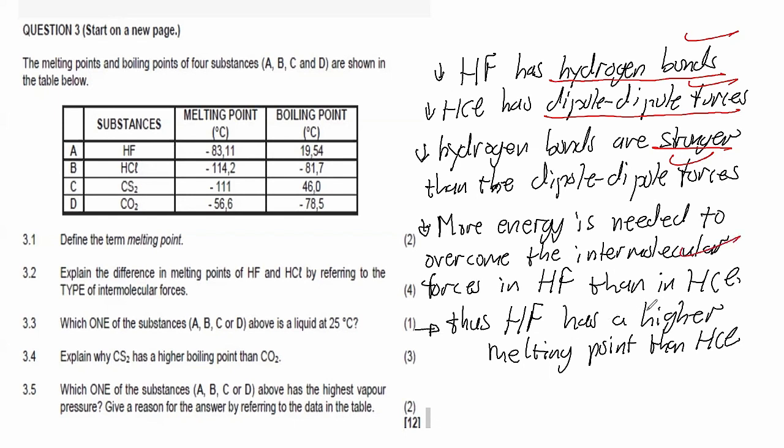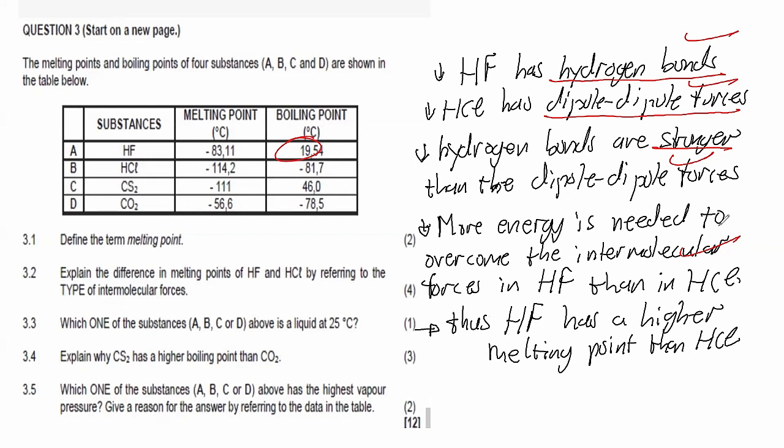So we have touched on the energy, and then this is just the conclusion. Thus, HF has a higher melting point than HCl, which we can all see here. So this one is a higher melting point. Okay, so that's how you go about answering that question for a total of 4 marks. So make sure that you play the video as many times as possible and just try to understand that approach there.